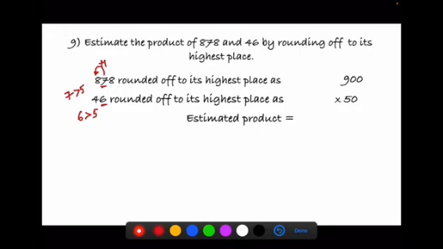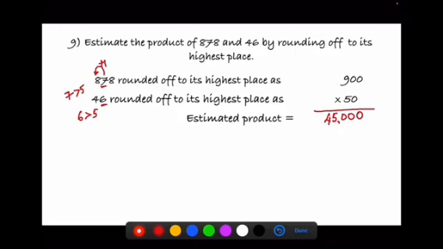So the estimated product would be 900 into 50. 9 5s are 45, children. Then have all the zeros placed next to it. I hope all of you understood.